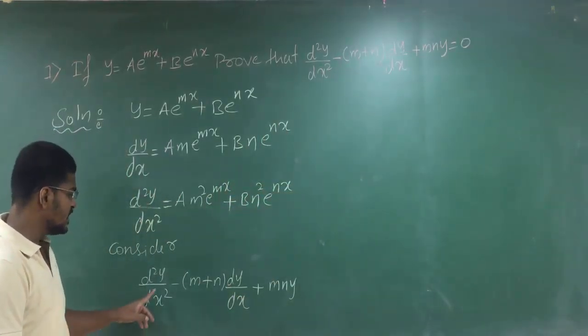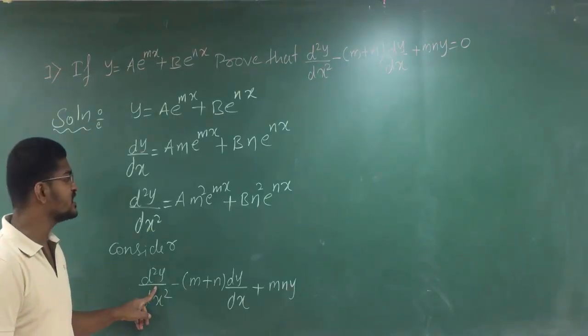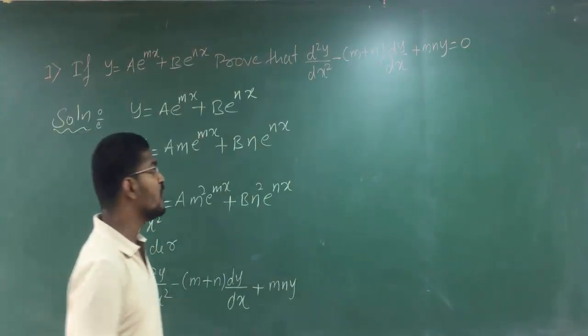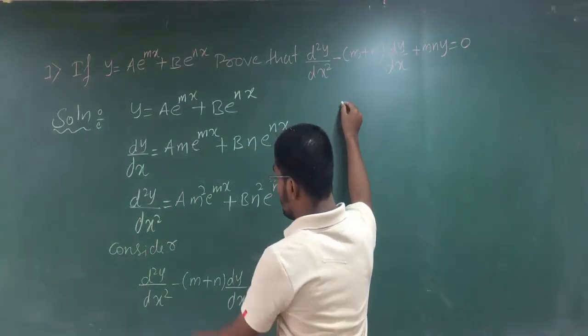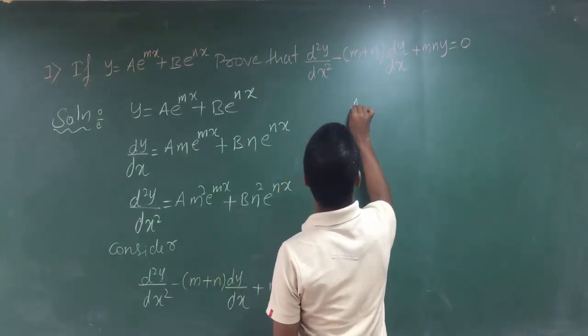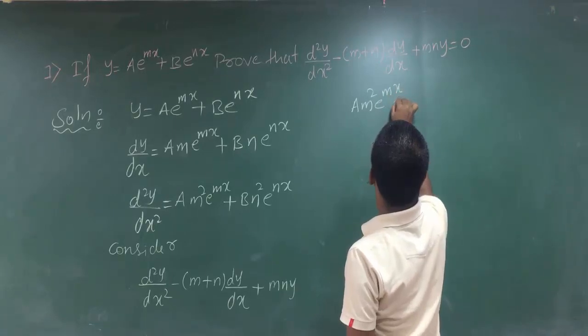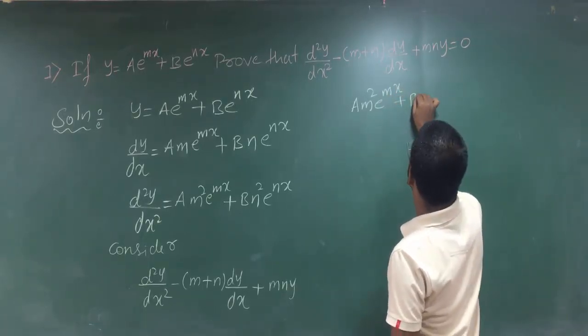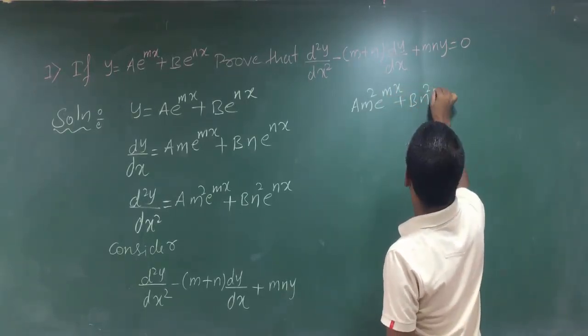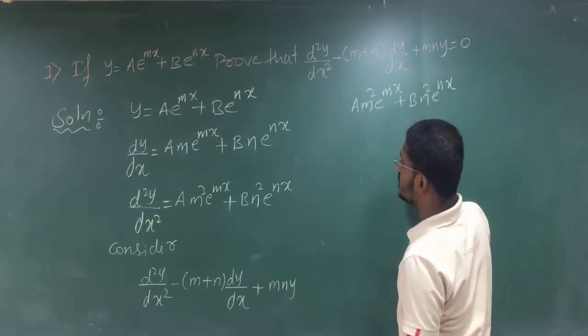So for that reason, in the place of d square y by dx square, you write what you have got. That is d square y by dx square is a into m square e to the power of mx plus b into n square e to the power of nx.